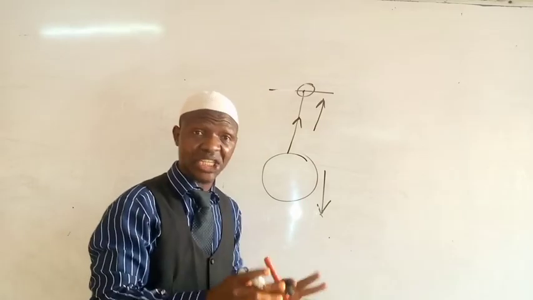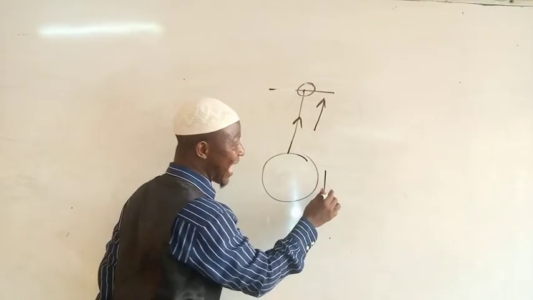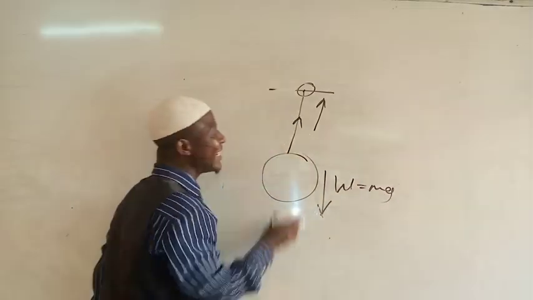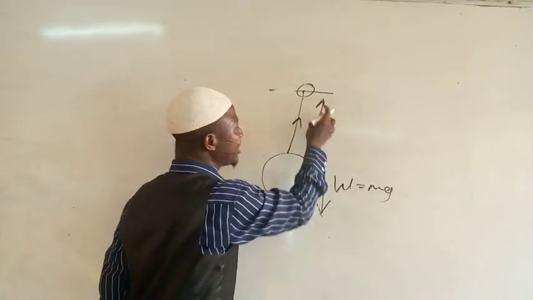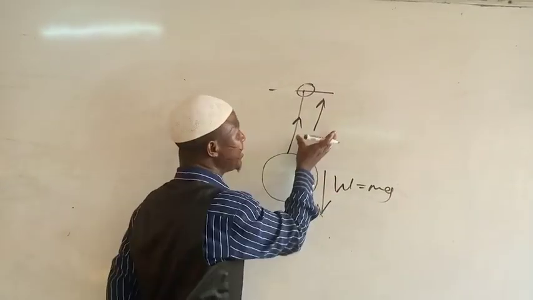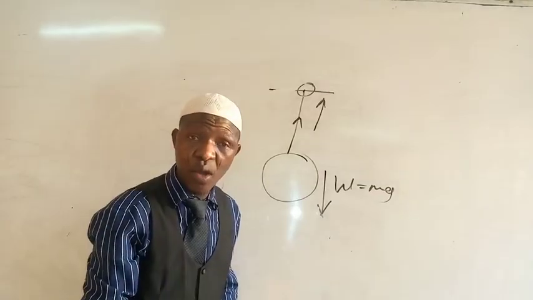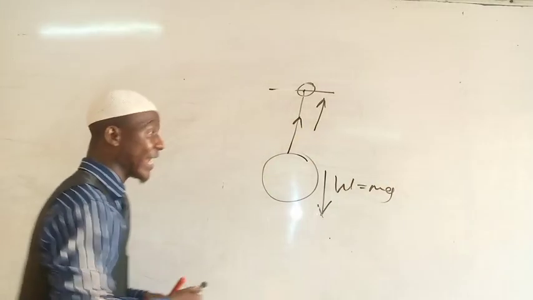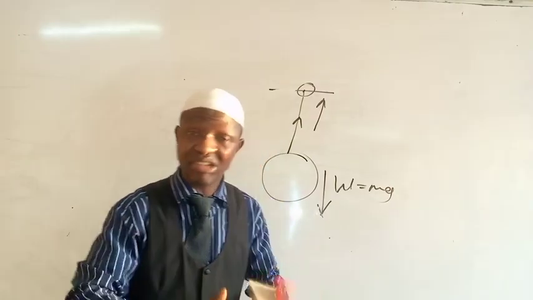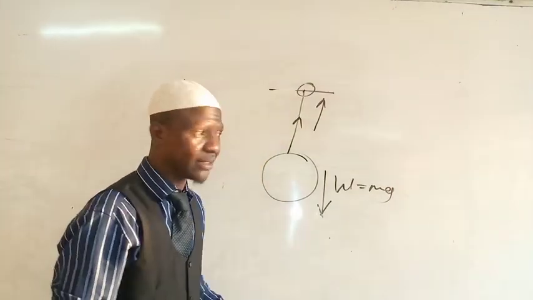Equilibrium, and it will be static, it will not move. Therefore, the action is the weight, which is equal to mg. The reaction is this one that is acting upward. Therefore, the action and the reaction are equal, but they are acting in opposite directions. You can see the law is just explaining real life experience.